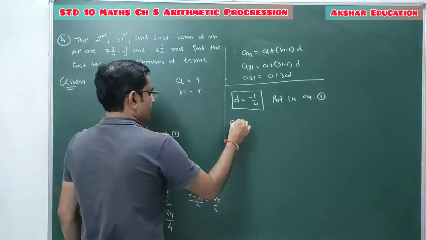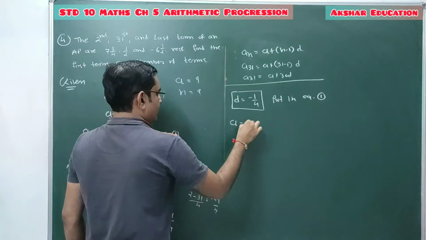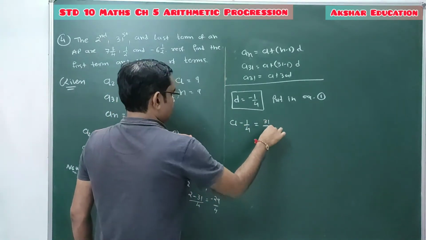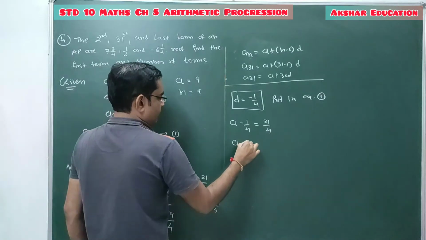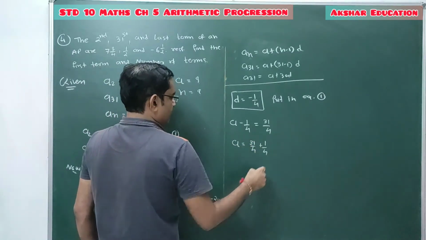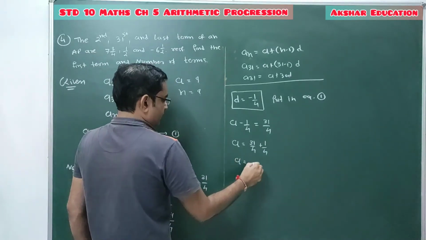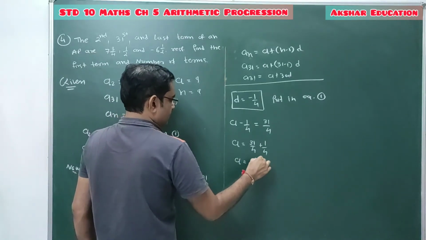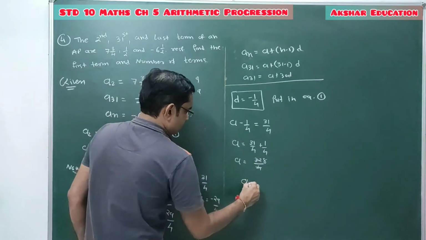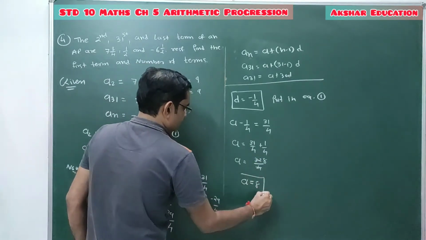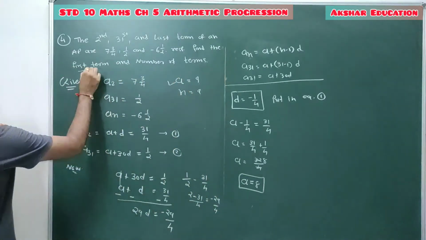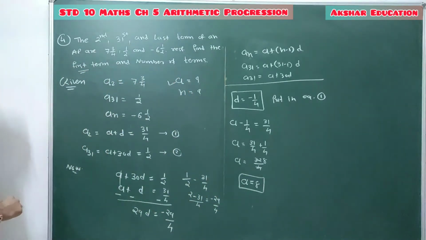So a plus d, with d minus 1 by 4, equal to 31 by 4. Therefore a equal to 31 by 4 plus 1 by 4. Therefore a equal to, 4 is the LCM, 32 by 4, which is 8. So a equal to 8. What is a? A is the first term. So our answer is that the first term of the given AP is 8.